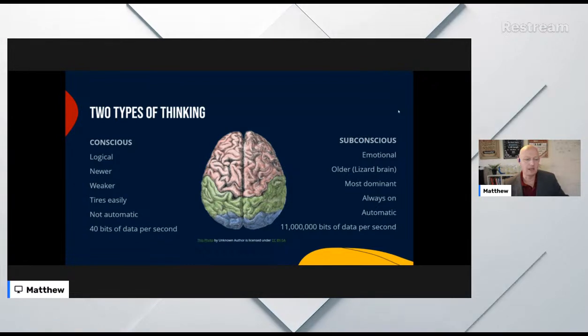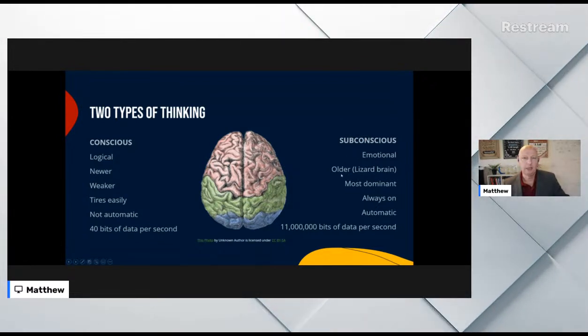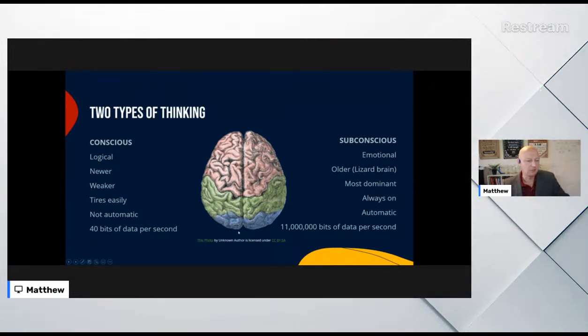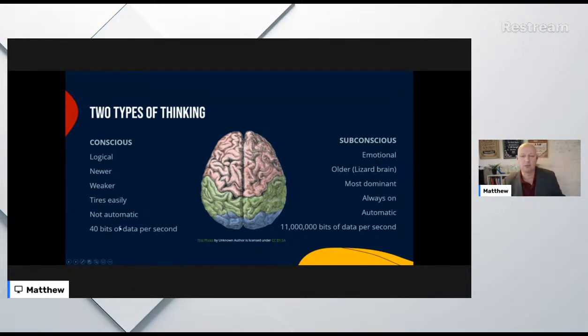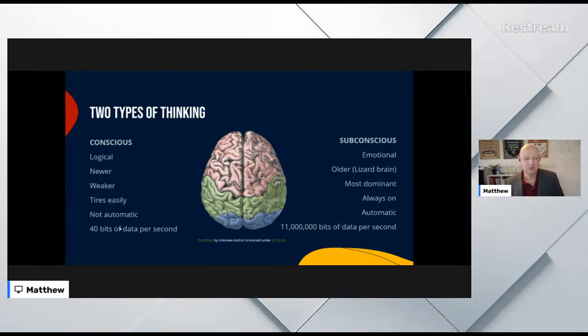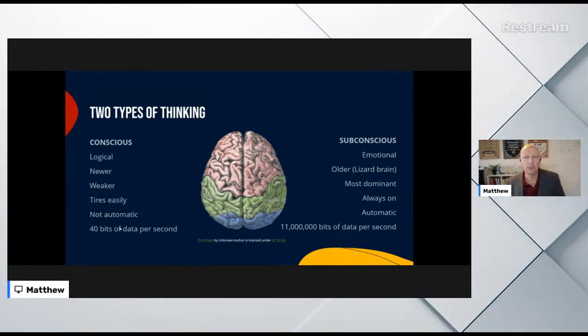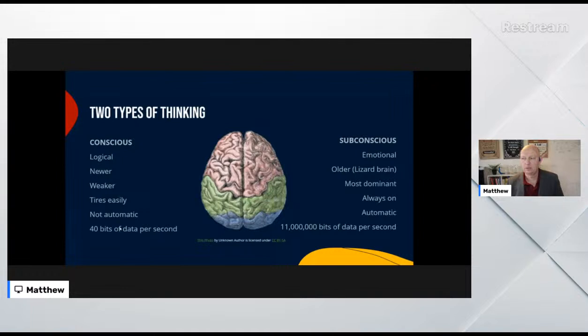If you look at the amount of information that is being processed, we've got 11 million bits of data per second, whereas the subconscious brain is looking at 40 bits of data per second. Okay. Now, what's one of the best ways to get all of that data to be absorbed? And that is using a visual. Okay.